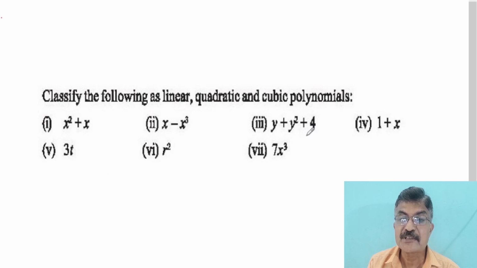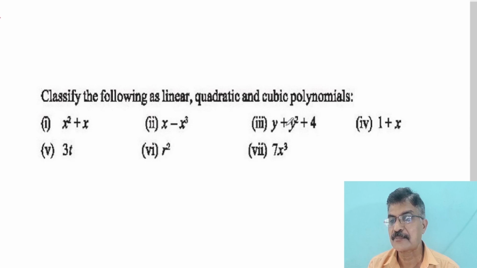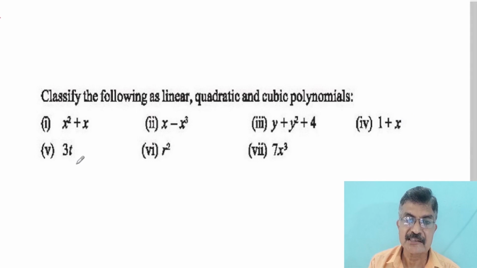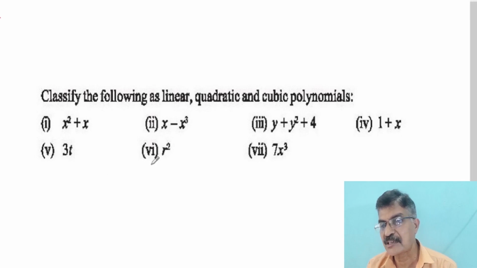Then the third one, y plus y squared plus 4. The variable used in this expression is y. The highest power of the variable is 2, so this is a quadratic polynomial. 1 plus x. The highest power is 1, so this is a linear polynomial. 3t. The variable used here is t. Only one term is there. The highest power is 1, so this is a linear polynomial. r square.